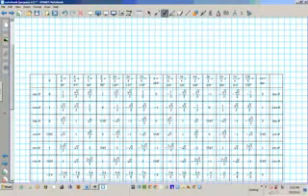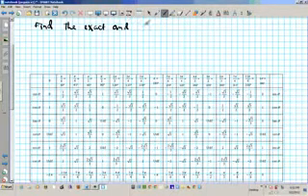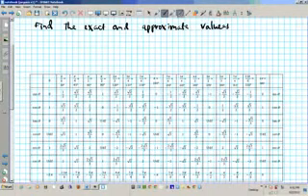In this part we're going to attempt to find the exact and approximate values of the following. Okay?